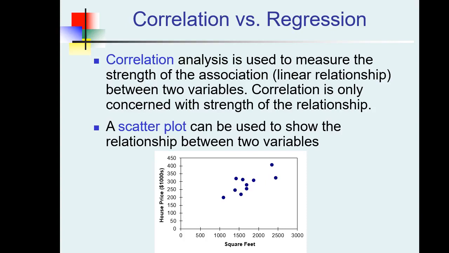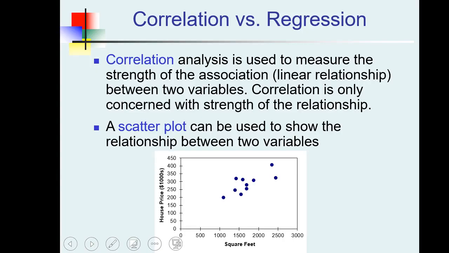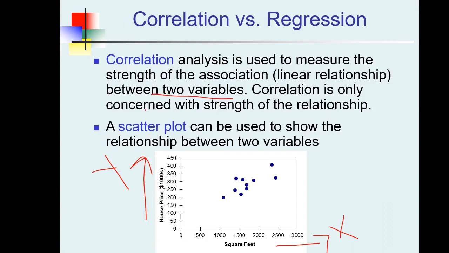If we have two variables, x and y, like in this graph below, on the x-axis we have square feet, that is area, and on the y-axis we have the price.